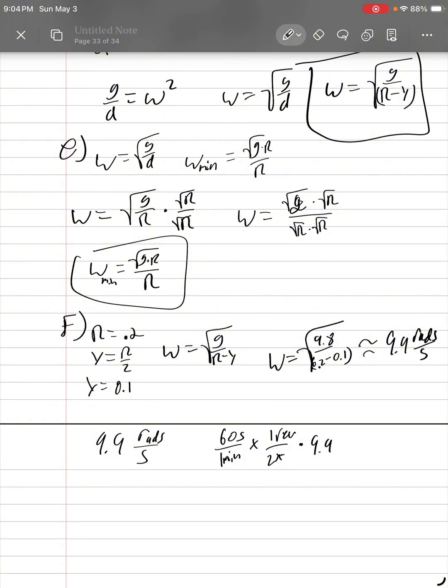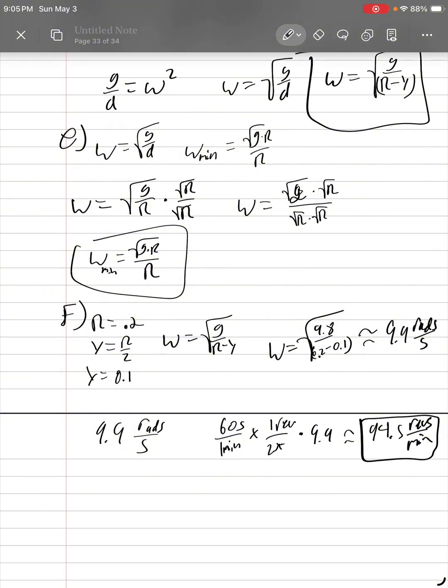So when we plug this into the calculator, we get approximately 94.5 revs per minute. And so that would be our answer for part F.